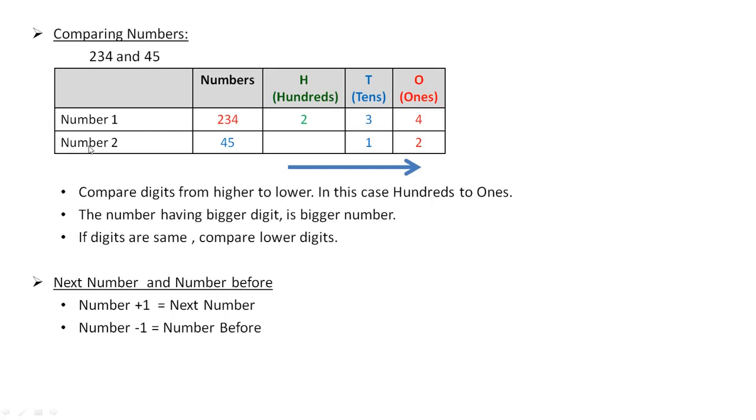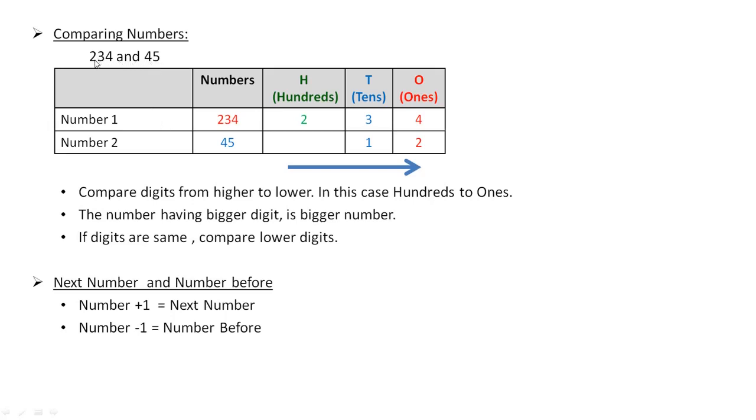So what do we do when we have, let's say, 234 and 45, two numbers we have? What do we do? We compare digits from higher to lower. Means, in this case, hundreds to ones. Now, here, two numbers are there.